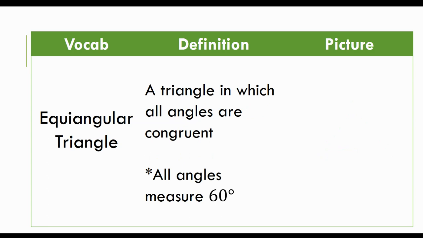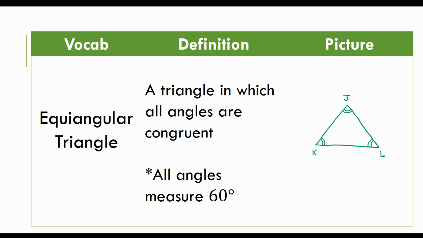Now let's talk about equiangular triangles. Equiangular, well, equal, just like equilateral. Angular, though, we're talking angles. So a triangle in which all angles are congruent. So if I sketch a picture, I'm going to call this triangle JKL. And I want to mark all the angles the same in order to consider this an equiangular triangle.